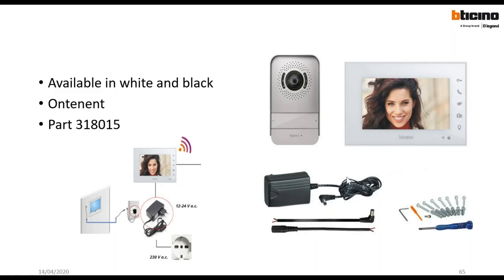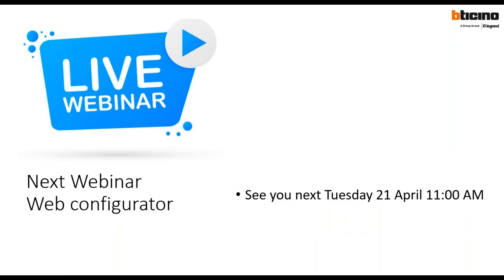And then the configuration of the internal unit will be exactly the same as we do with the other 2 devices. Using the mobile, we configure quickly the account and the call to the mobile.